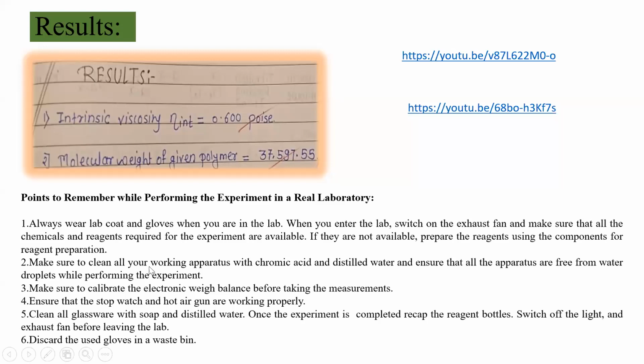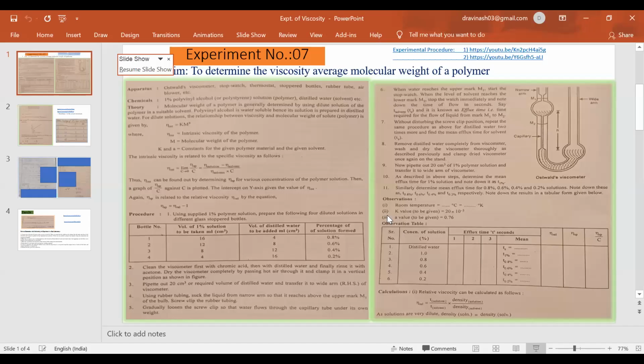So these are the points to remember when you are doing the actual experiment in the laboratory. Okay, so this is all about the experiment to determine the viscosity average molecular weight of a polymer.